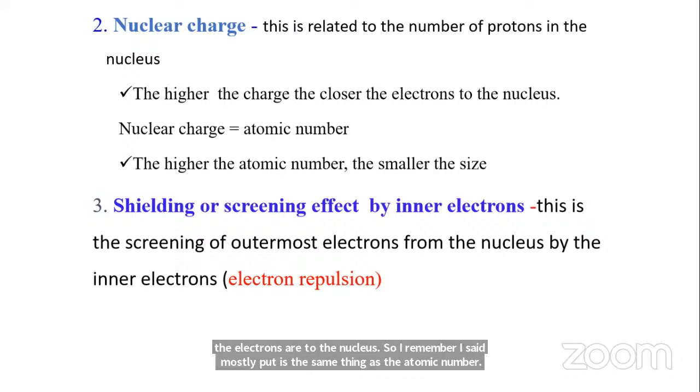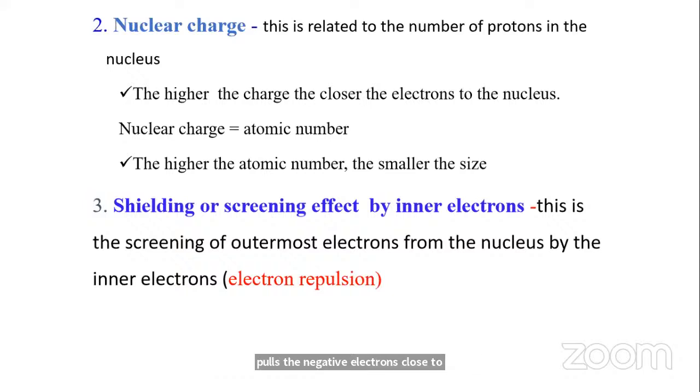Now, the nuclear charge is positive, that is, the atomic number is positive, and the effect of the nucleus is that it pulls the negative electrons close to itself. So the higher the nuclear charge, or the higher the atomic number, the greater the strength with which the nucleus pulls the electrons to itself.